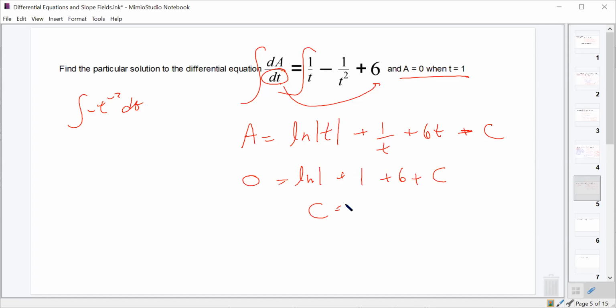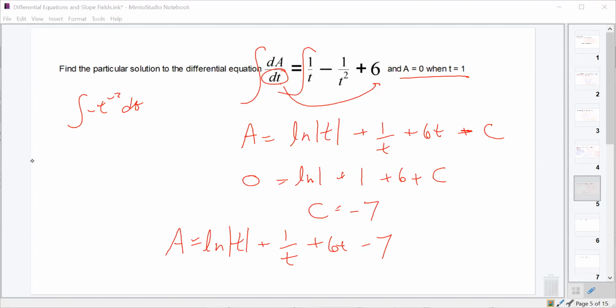Negative 7. So we end up with A equals natural log absolute value t plus 1 over t plus 6t minus 7.